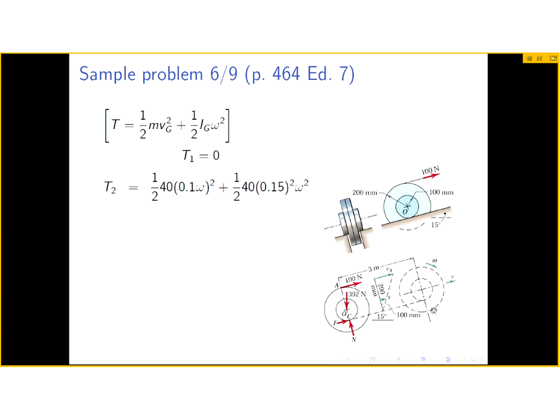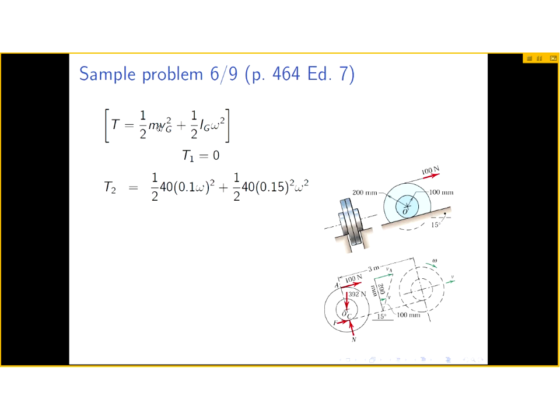Now Vg, we've seen before, the velocity of the center of mass is really this velocity V. And since the wheel is rolling without slipping, we can say that the velocity V, or the Vg then, is the radius of 0.1 times omega. So that's what I'm putting inside this bracket here.